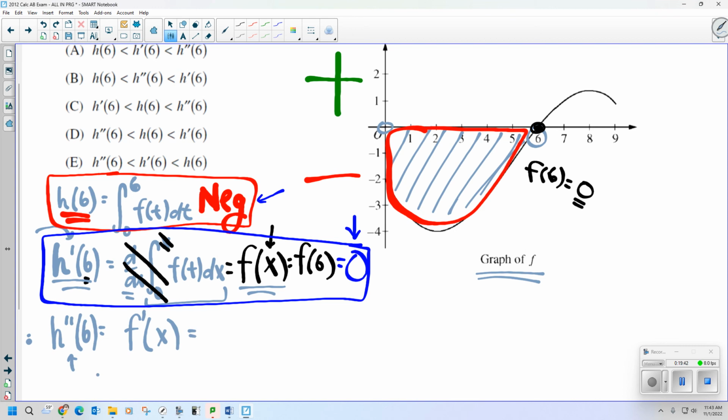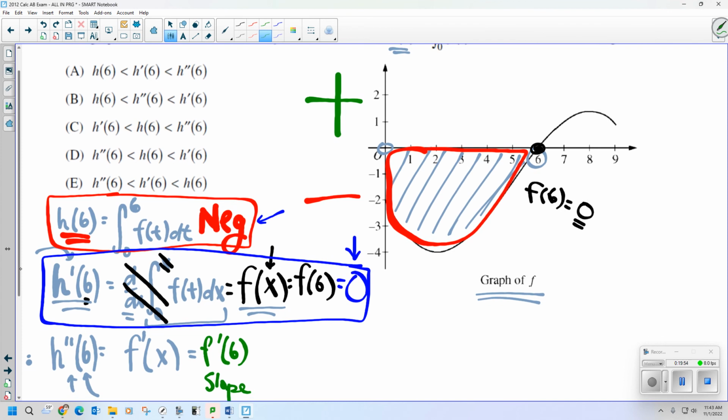And they want that at a value of 6. Okay? So the derivative of f is the same thing as the slope of f at an x value of 6. Right here, that's a positive slope. That's increasing. That's a positive slope, which means it's a positive derivative. Okay, this is a positive number. Don't know exactly what it is, but I know it's a positive value.